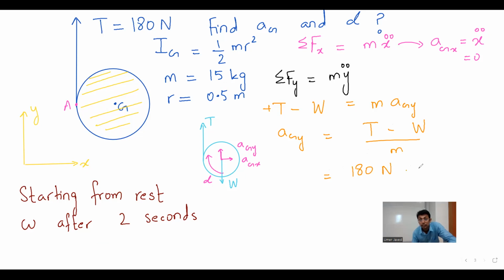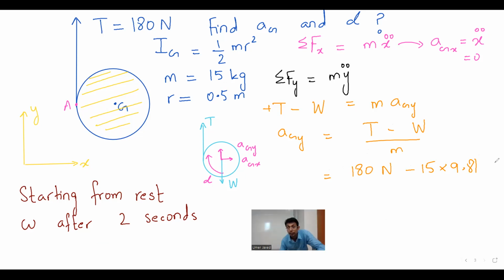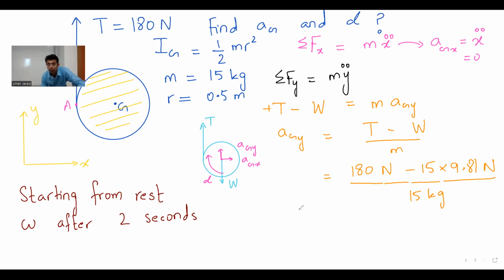The weight is 15 into 9.81 newtons divided by mass is 15 kilograms. Are you sure? 2.2, right? So AGY, one of the students has told me, is 2.2 meter per second square.